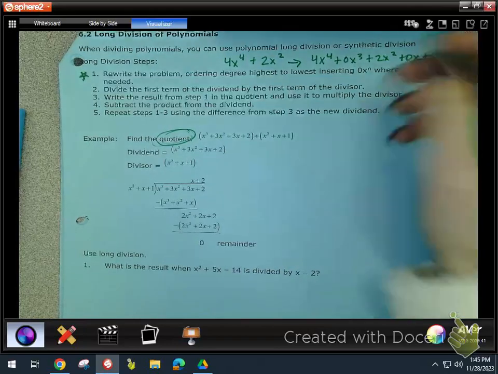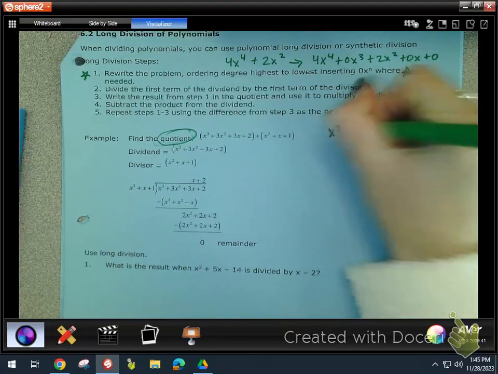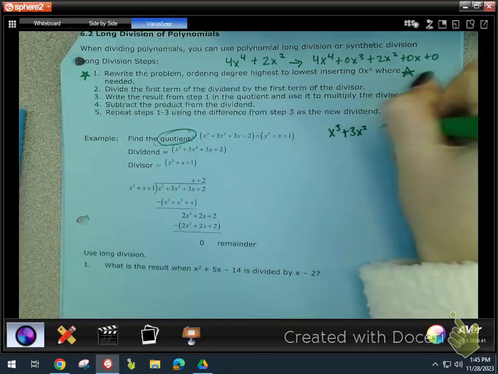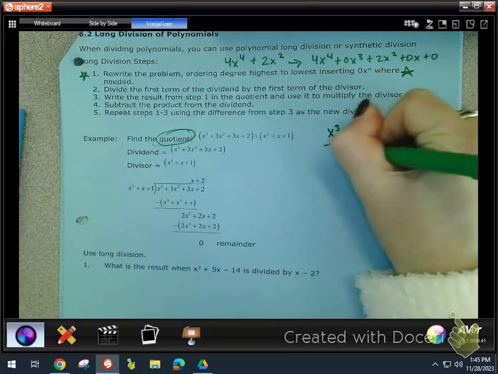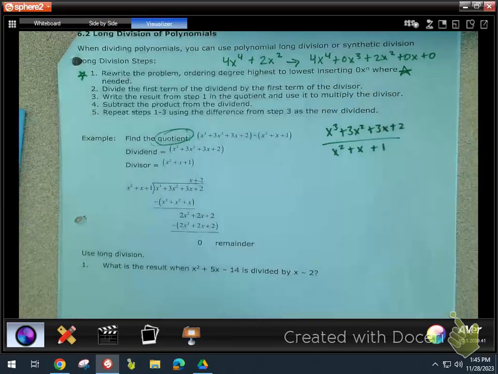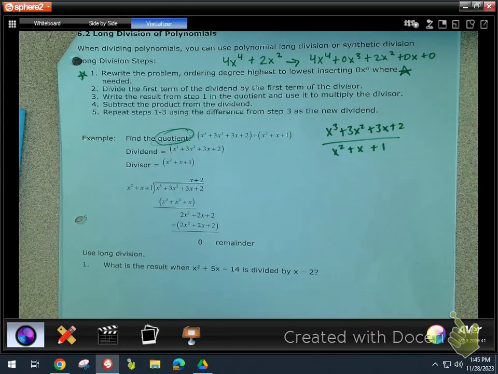And then the other one, they could also write it as a fraction, x to the third plus 3x squared plus 3x plus 2 over, because fractions are division. You can write it like that. Or it can be kind of like number one. What's the result when you divide this by this? Or divide this by this. There's just multiple ways you can see it.